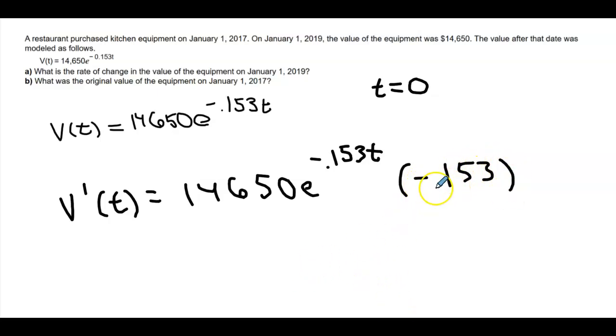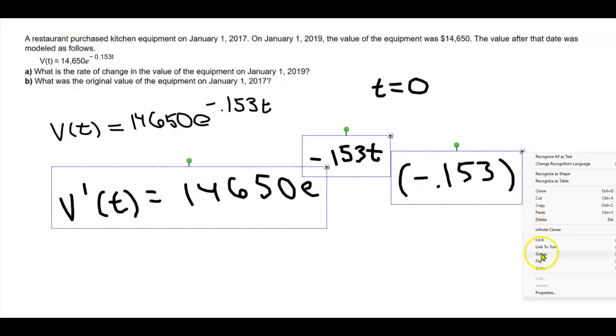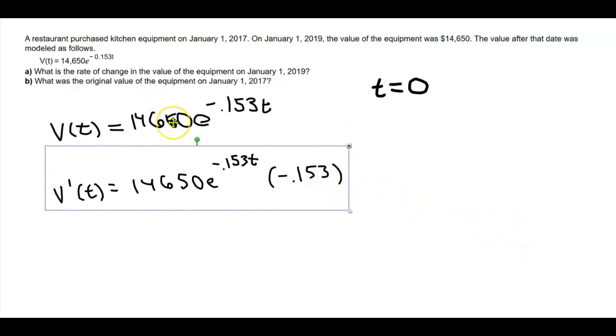If I find 15.3% of whatever the function's value is at a particular point, I'm going to get the rate of change. So we just rewrote the function and then multiplied by the derivative of the exponent, the coefficient of t. For all these exponential functions in chapter 2, I'm assuming base e, that's what you got to do to get the derivative: simply rewrite it and then multiply by the coefficient of the exponent.